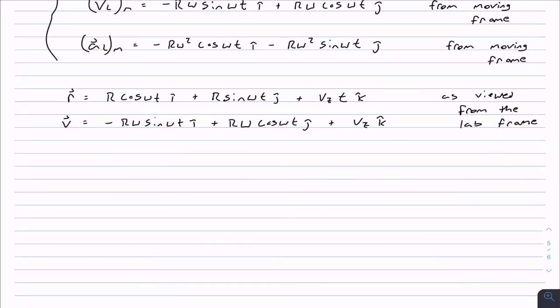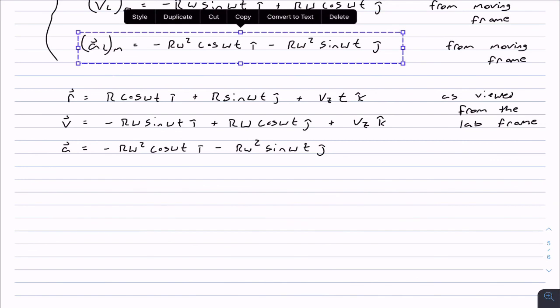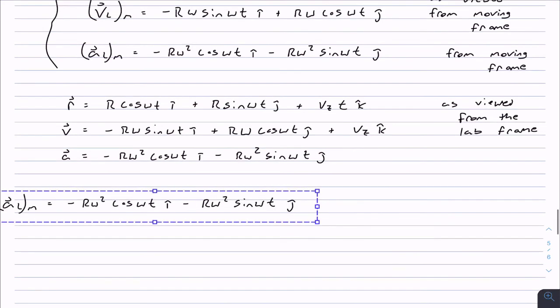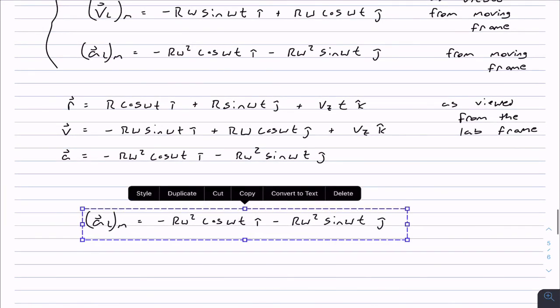All right, now we have a is equal to negative r omega squared cosine omega t i hat minus r omega squared sine omega t j hat plus 0, because this is a constant. So that's nothing. Let's copy these and bring them down here so we can get a better look at them.